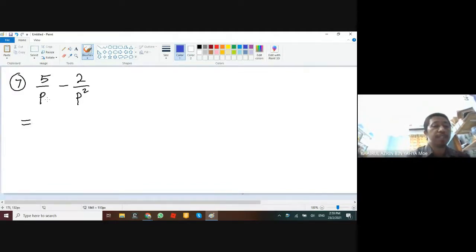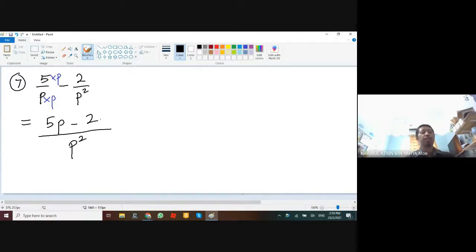The first fraction we multiply by p, so the numerator also we need to multiply by p. I write the denominator like this: p times p equal to p square. The numerator 5 times p is 5p. Minus this one didn't change. 5p minus 2 divided by p square. That is the answer. Not too difficult actually. This is the answer for question number 7.